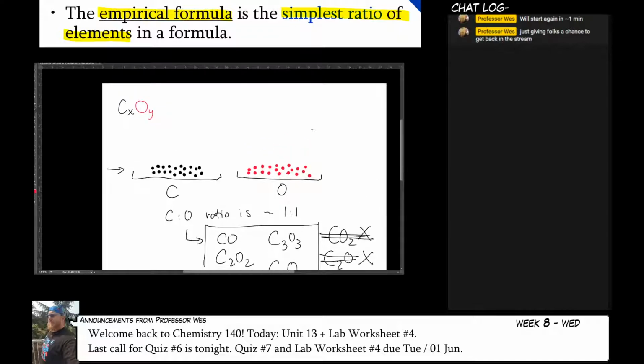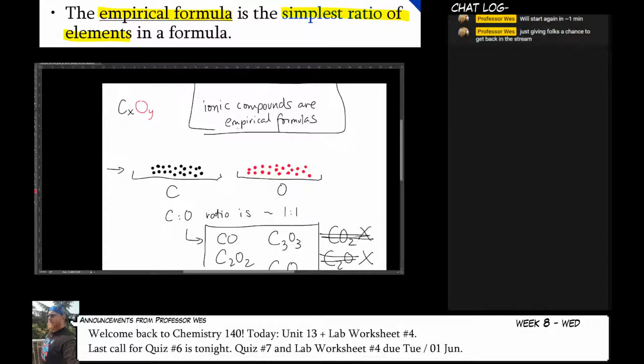Now the good news is that for ionic compounds, this works out great for us because ionic compounds are empirical formulas. An ionic compound is just a giant lattice, and the formula that we write out for it is the simplest ratio of the elements.